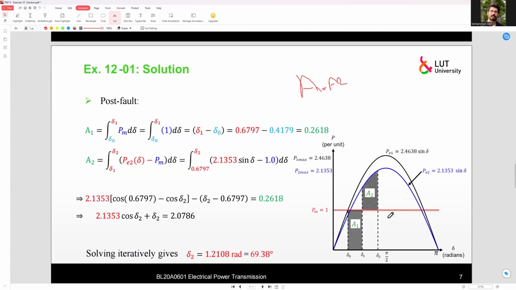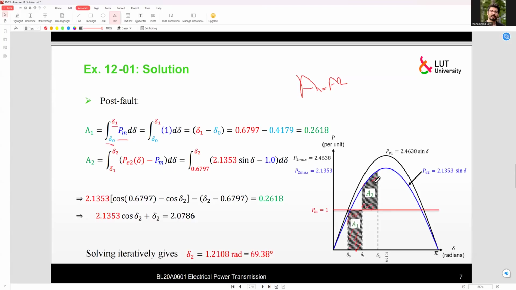So for that, we have this area A1 and this area. So A1 is the value under PM from delta 0 to delta 1. So this is the area we got, right?